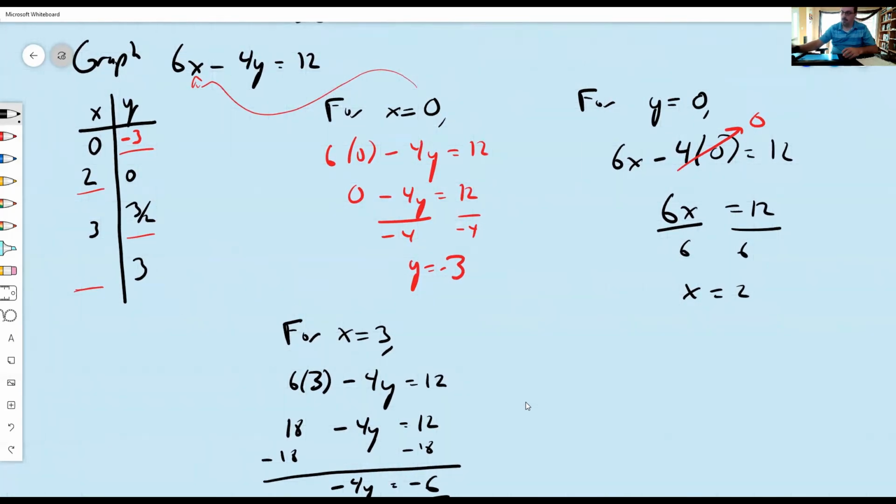And the last one, for y equals 3. So you get 6x minus 4 times 3 equals 12. 6x minus 12 equals 12.